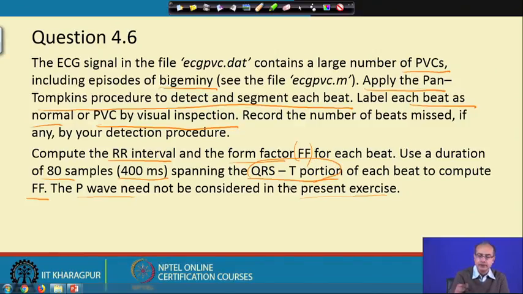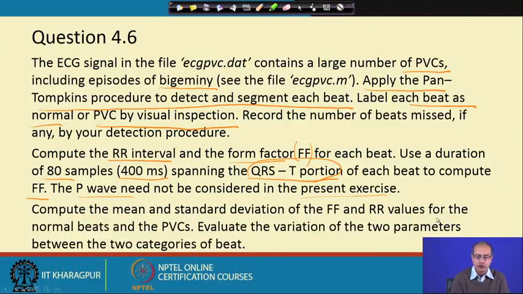Next is to compute the mean and the standard deviation of form factor and RR value for the normal beats and PVCs. Evaluate the variation of the two parameters between the two categories of beats.